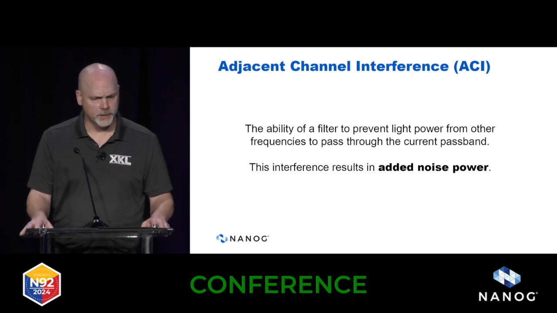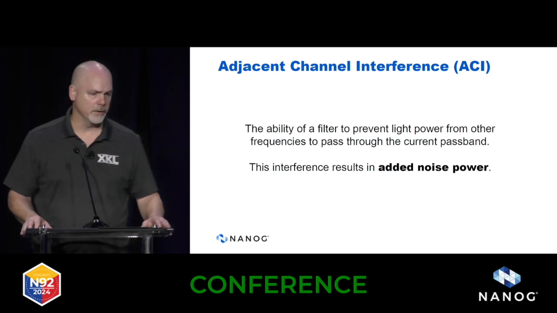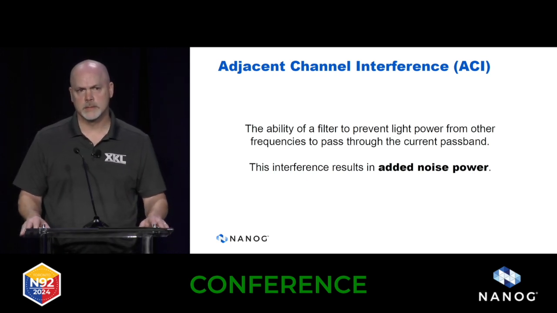And then adjacent channel interference or suppression, depending on the technology, this is very different. I'll show that in a minute on a slide from one filter type to another. But basically, it's the light power from the adjacent channels in the filter.